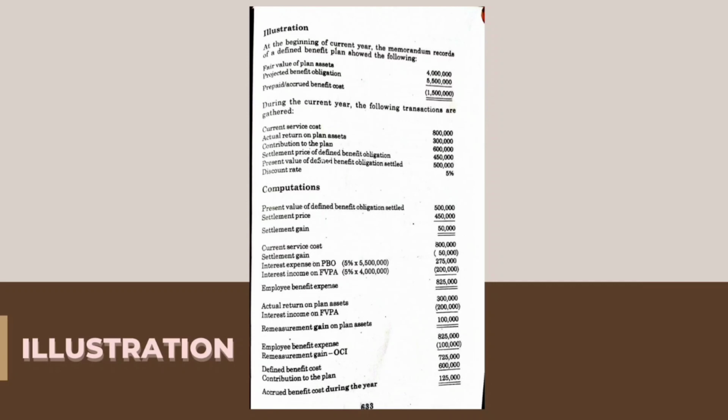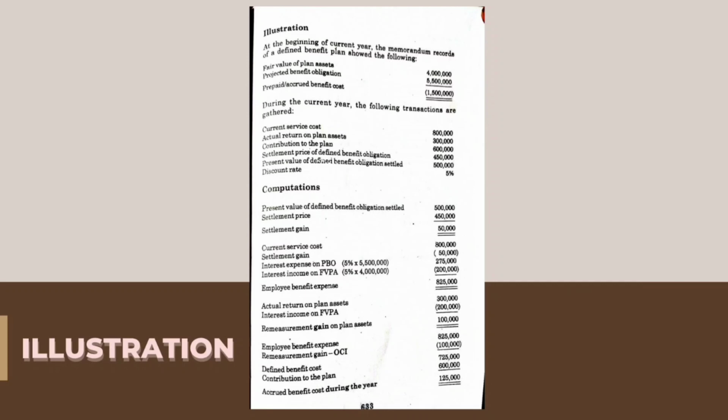During the current year, the following transactions are gathered: current service cost, 800,000; actual return on the plan asset, 300,000; contribution to the plan, 600,000; and settlement price of defined benefit obligation, 450,000. The present value of the defined benefit obligation settled is 500,000, and the discount rate is 5%.